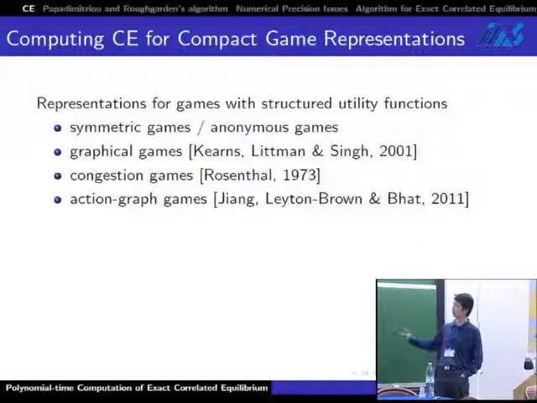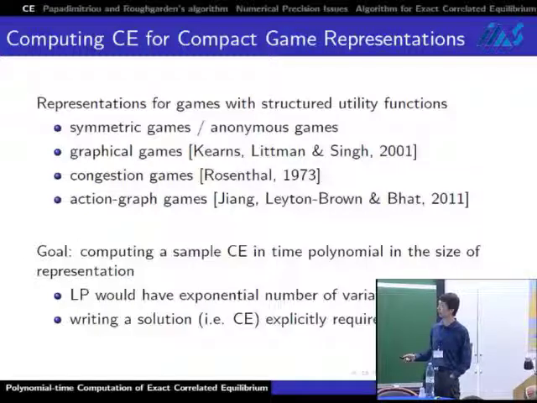So I'm not going into details of each of them, but generally, given such a compactly represented game, we would like to compute a sample correlated equilibrium in time polynomial in the input size. So for this problem, we can see that the original LP approach wouldn't work because the size of the LP would be exponential for these inputs. And furthermore, to even write a solution would require exponential numbers.